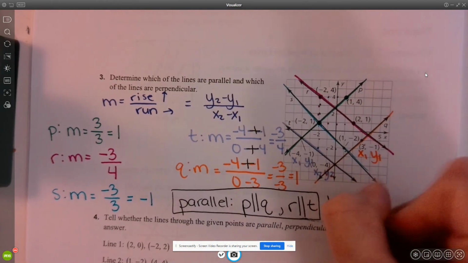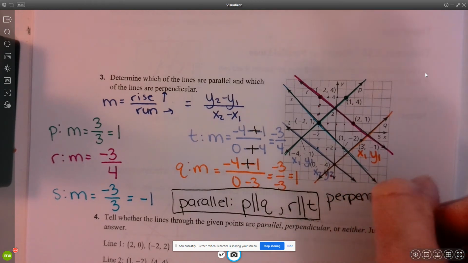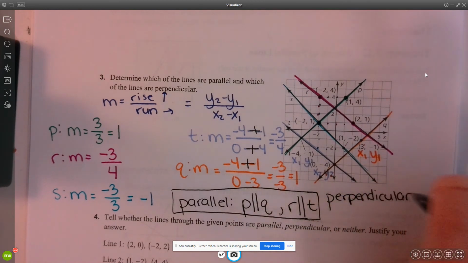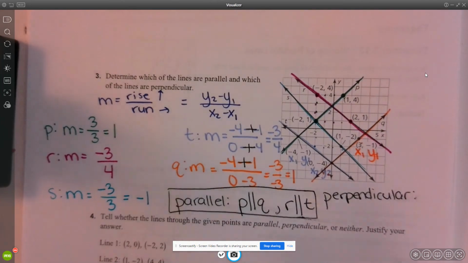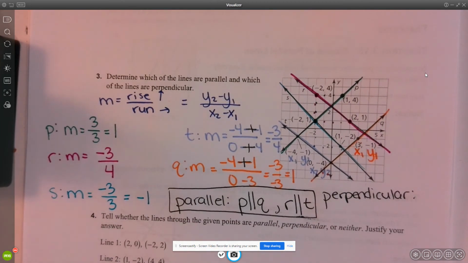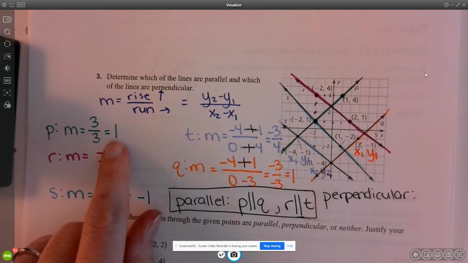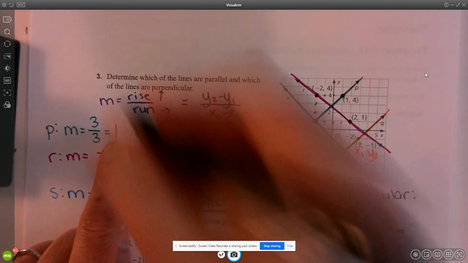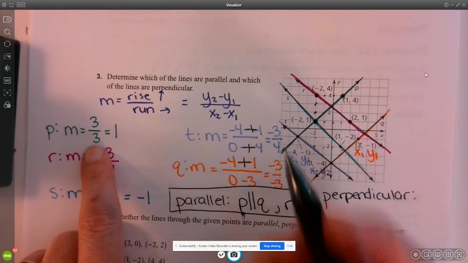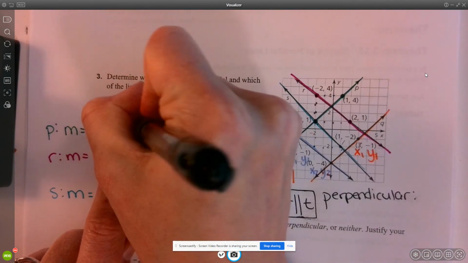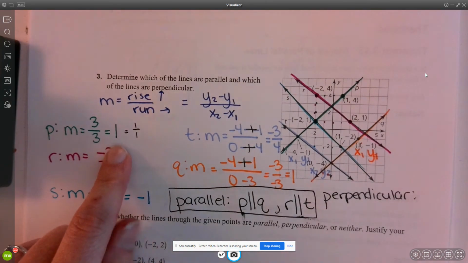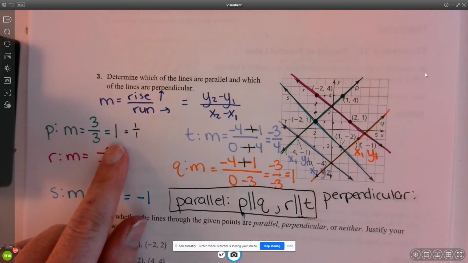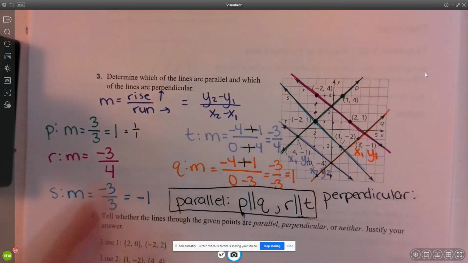Now we're going to find our perpendicular lines. So this time we are looking for lines that have opposite reciprocal slopes. So one will be positive, one will be negative, and they will be flips of each other. So positive 1. Remember this, if you want to think of it like a fraction, you can either use 3/3, or remember this is equal to 1/1. So we need to find a slope that would be negative and a flip of that.